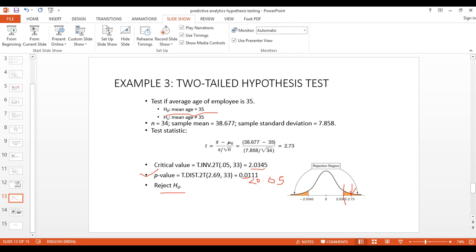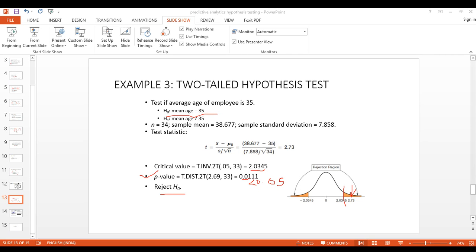So let me go back and show you this thing in Microsoft Excel. Suppose you have three samples and you want to do their hypothesis testing. I told you more than two samples, you have to do an ANOVA test.